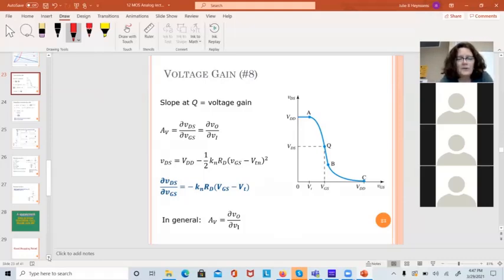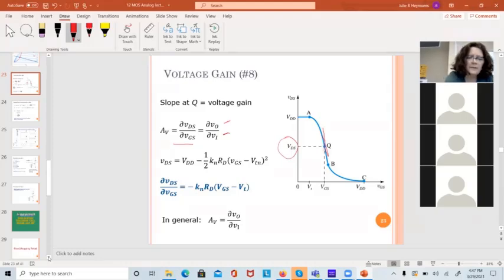So the voltage gain, we said, is the slope of the line at this point, and the slope of that line is going to be the derivative of VDS with respect to VGS. And our V out is VDS for this amplifier, and our V in is VGS.